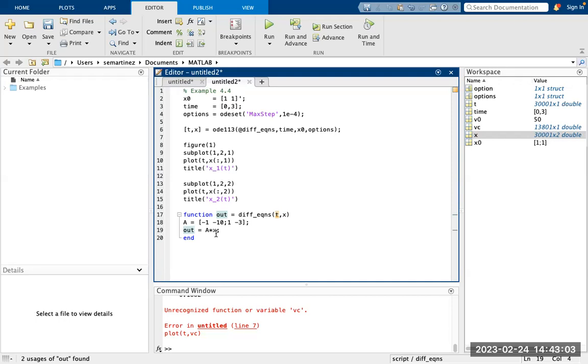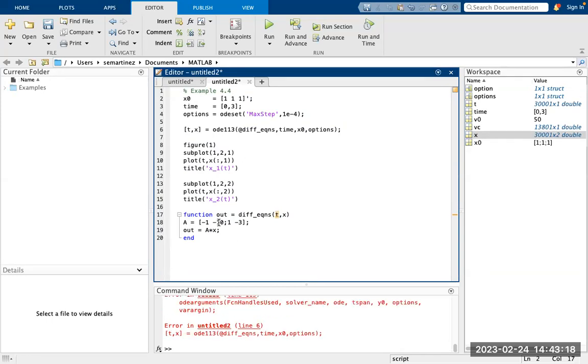So internally it knows. One common mistake is, for example, you start with 3 here, you specify x0 with 3 initial values, but you only have 2 here. So it's going to complain. It's going to give you some error, right?